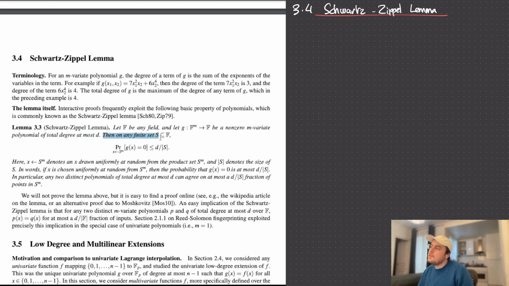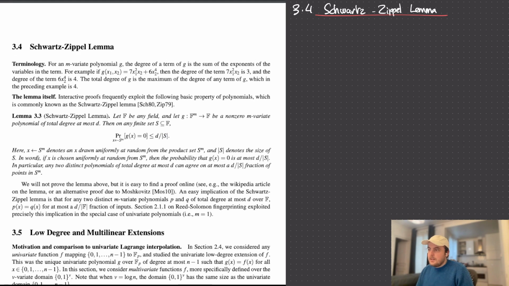Then, on any finite set S, which is a subset of the field, the probability that g of x equals 0 is at most d divided by the size of S.